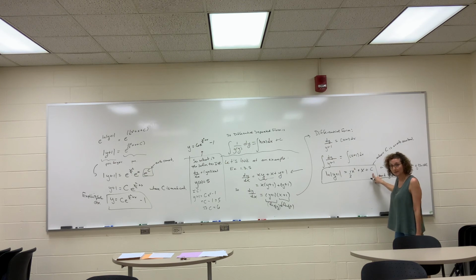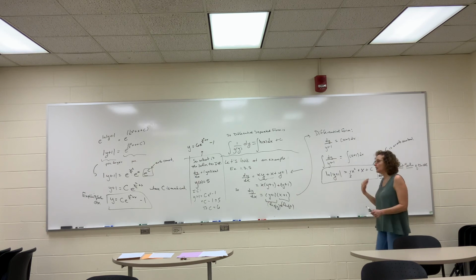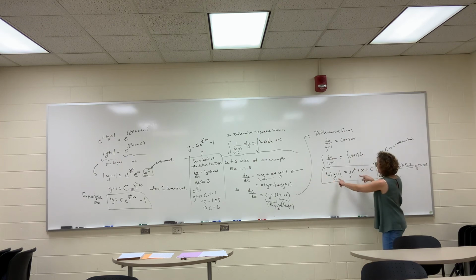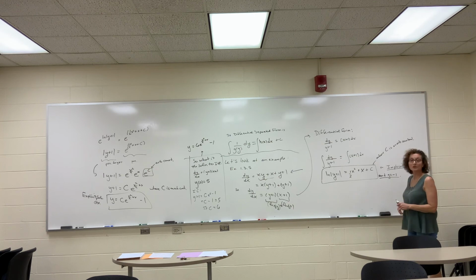So even with an implicit solution, you can evaluate an initial condition by plugging in the particular values for x and y from the initial condition to solve for the constant c, if all you have is an implicit solution. Does that make sense?